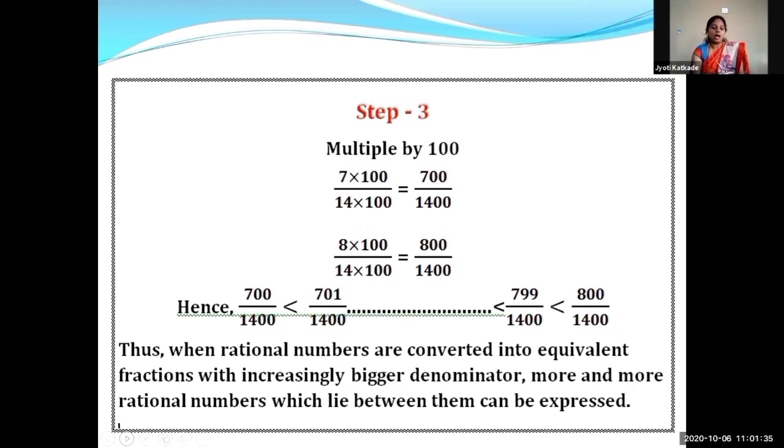Have you any doubts regarding this? All of you understand this? All of you understand this concept? So take practice set 23, question number 1. All of you understand it?